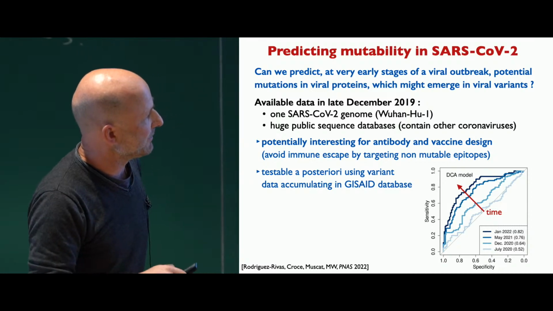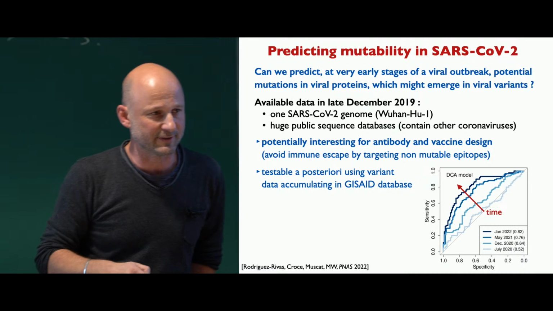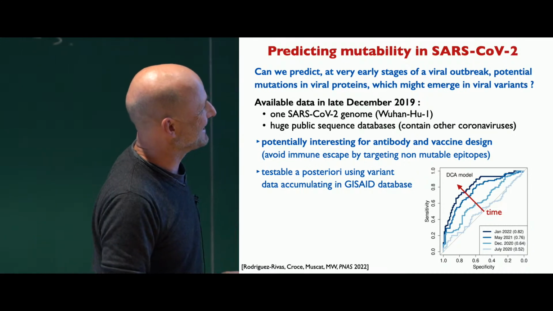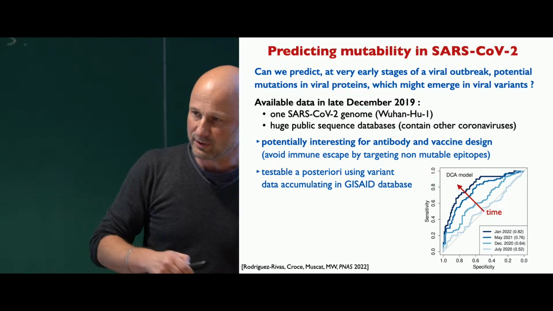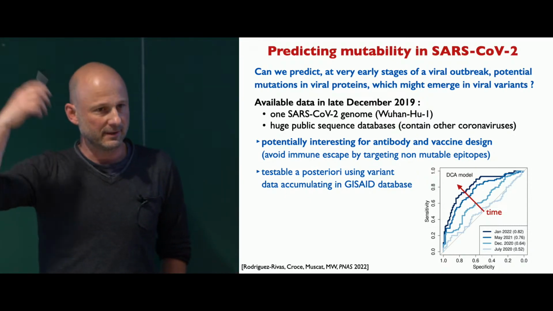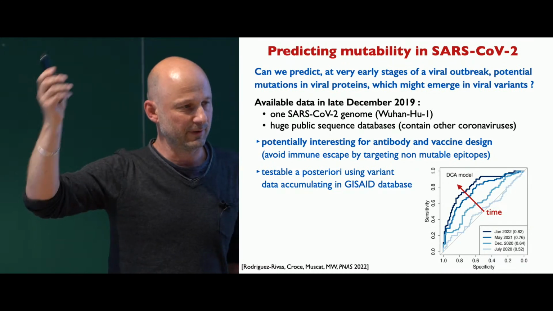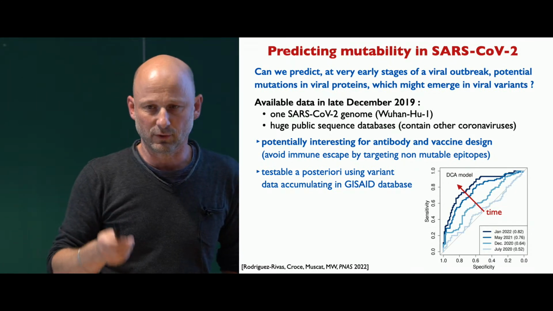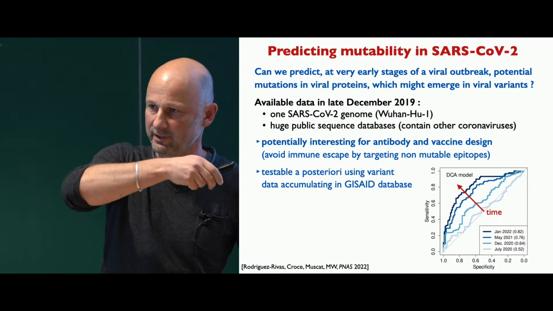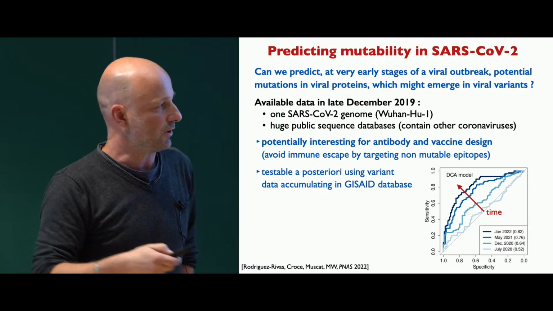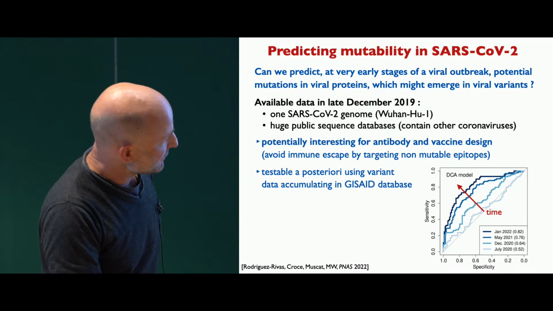Obviously, we were a bit late with our predictions. Actually, what is nice is that this virus was mutating and we were accumulating data, also after our prediction, so we could check a posteriori if our predictions were okay or not. And this is shown in this plot here.